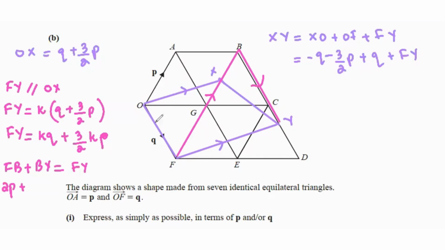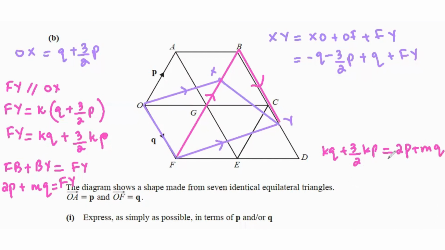But we know that OF is parallel to BY, so it's probably Q being multiplied by something to give us BY. Let's say that thing is another multiplier M, so M times Q. So you put both FYs equal to each other. That's going to be KQ plus 3 over 2 KP equals 2P plus MQ.